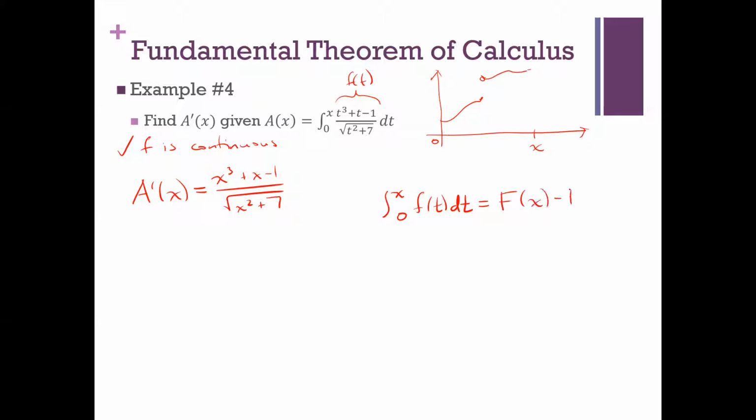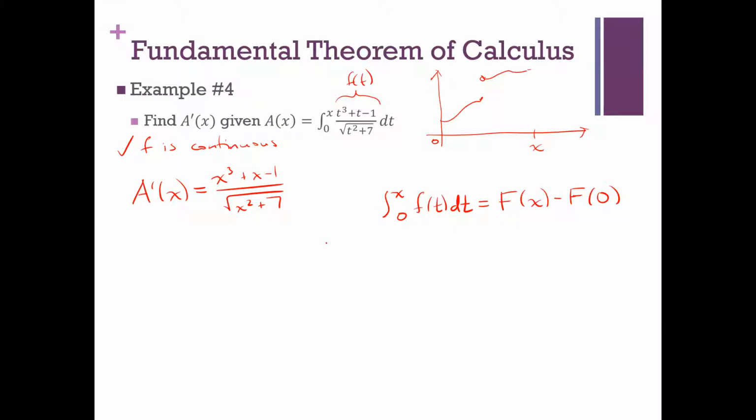Capital F of x minus capital F of 0 is equal to the integral. And just a reminder, since we're going to be using it a lot, how are the functions lowercase f and capital F related? Right, so lowercase f is the derivative of capital F. Or going the other way, capital F is the antiderivative of lowercase f.